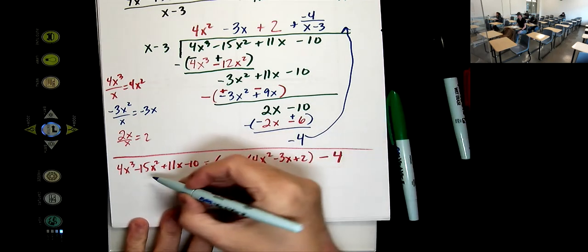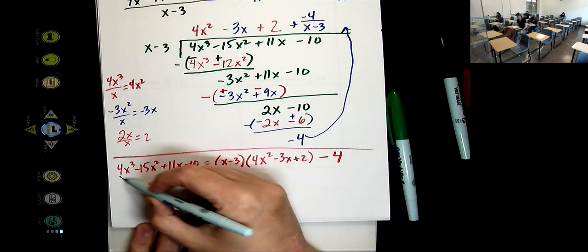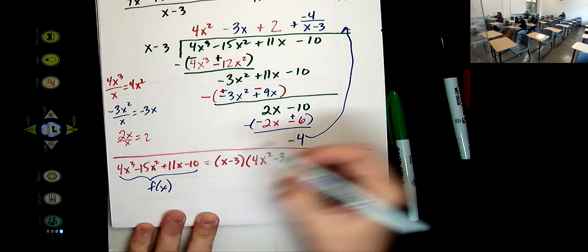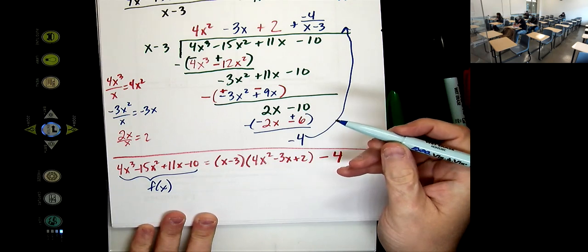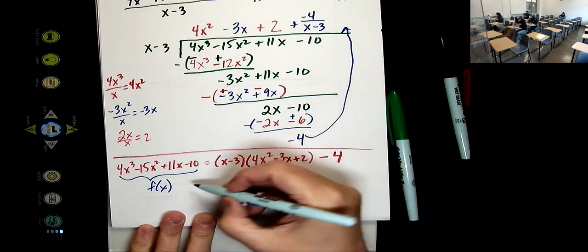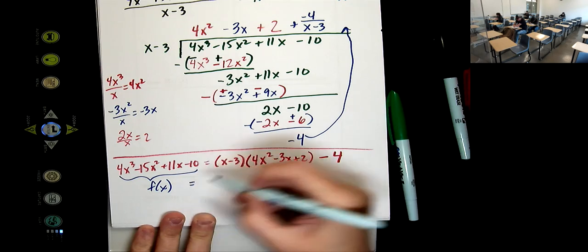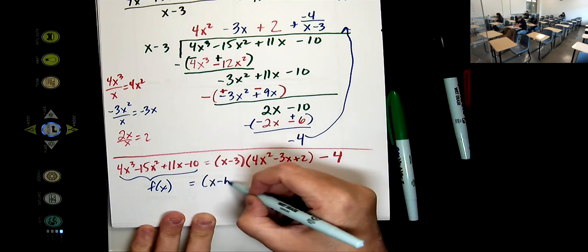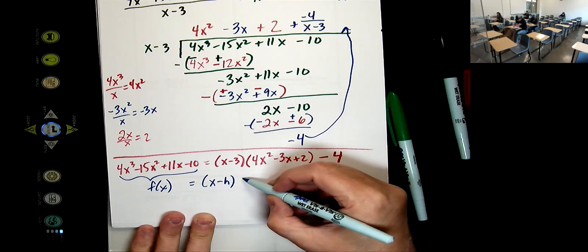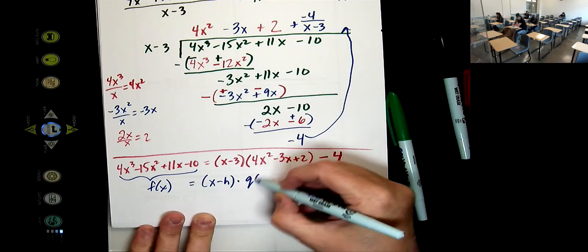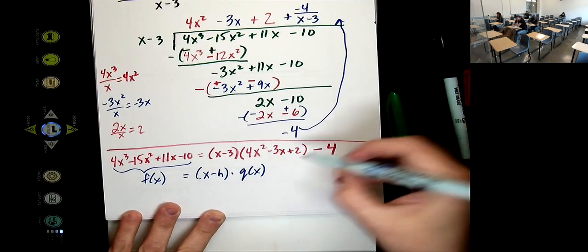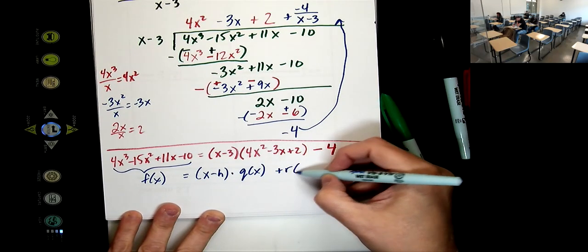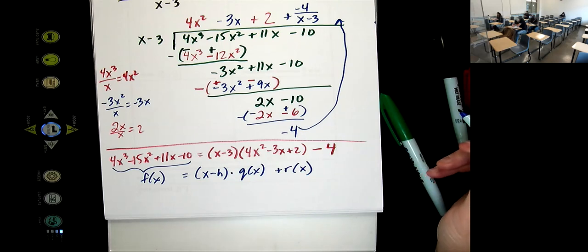I could say this is my f of x. I could say this is like x minus h times some other function, maybe q of x, plus a remainder function, r of x. This works on any polynomial.